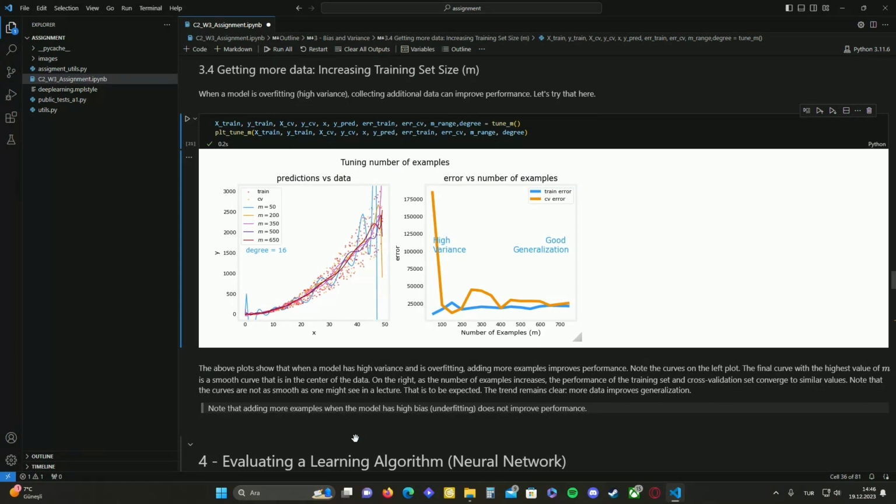On the right, as the number of examples increases, the performance of the training set and cross-validation set converge to similar values. Note that the curves are not smooth, as one might see in a lecture. That is to be expected. The trend remains clear: more data improves generalization. Note that adding more examples when the model has high bias, underfitting, does not improve performance.